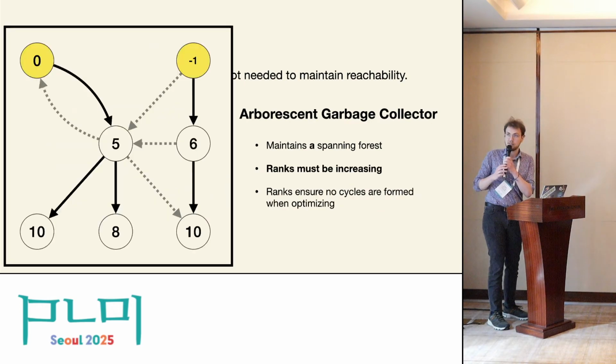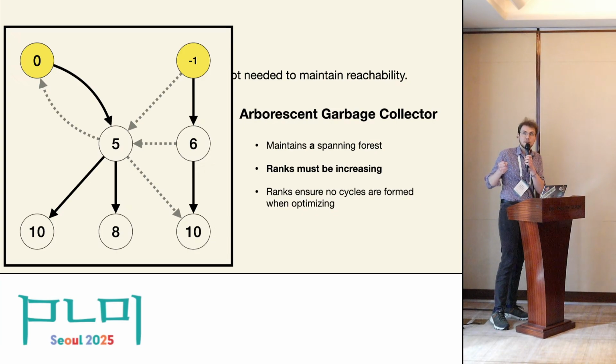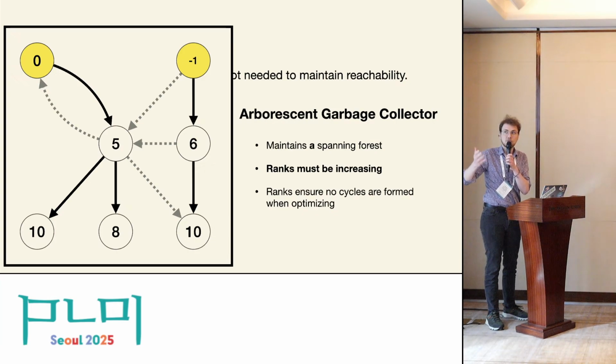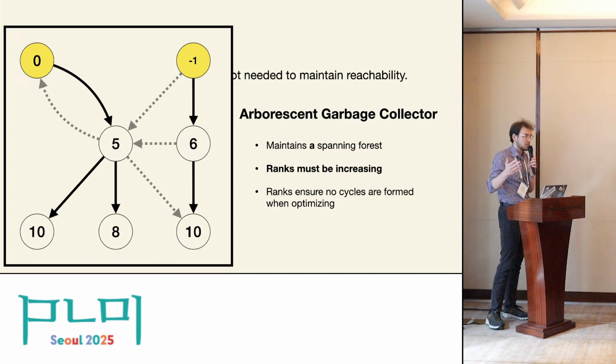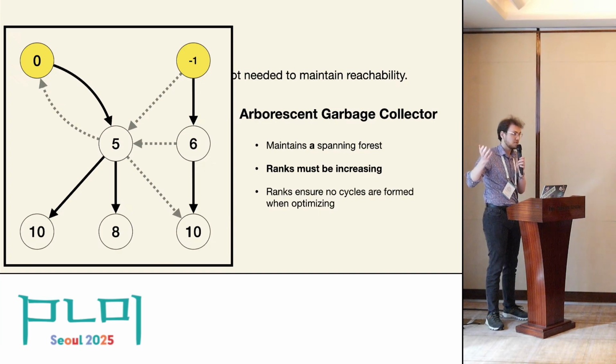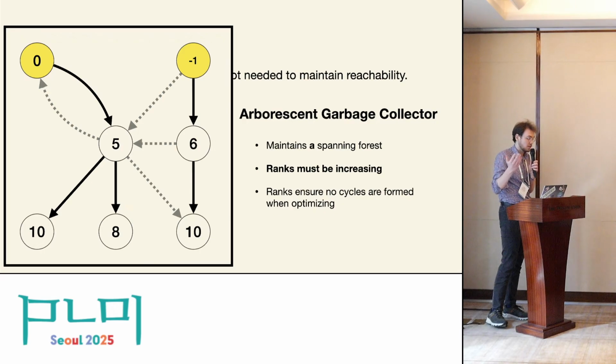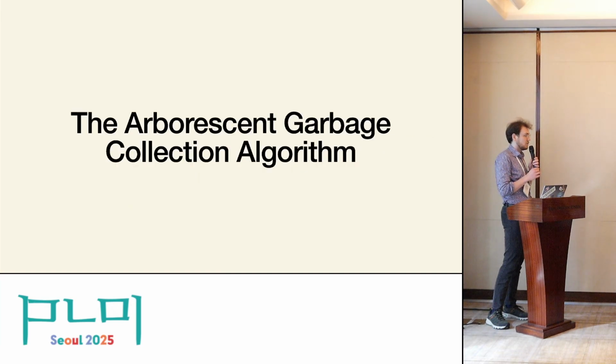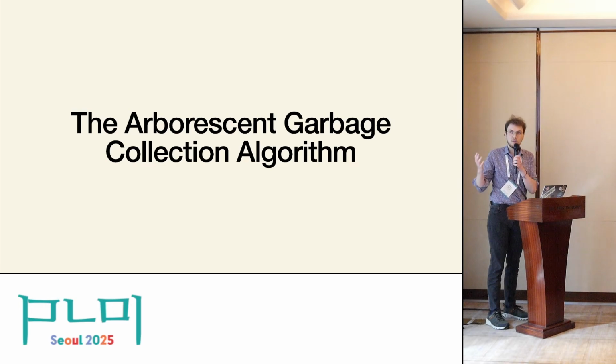So here is an example of a valid rank structure in our algorithm, and we can see that along the spanning forest, ranks are increasing, but not necessarily in increments of 1. So now we have all the background knowledge to see a little bit what our new algorithm is.